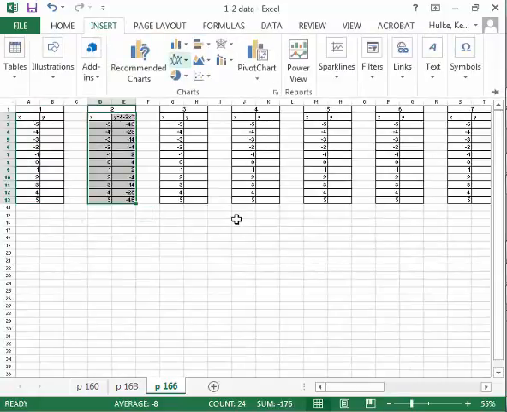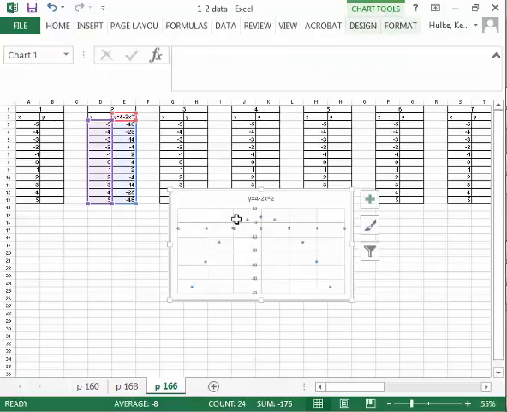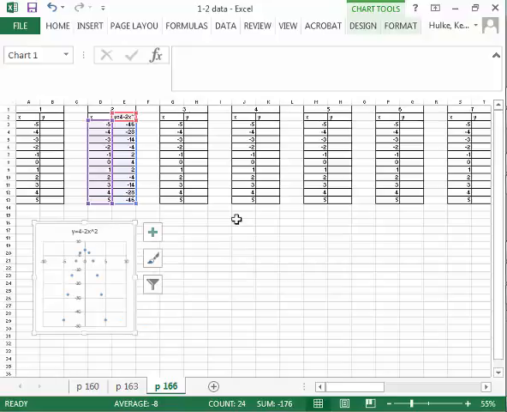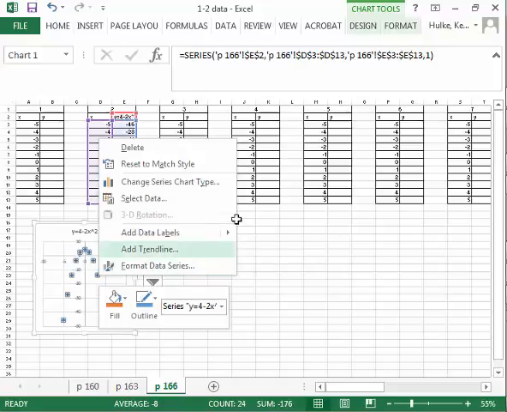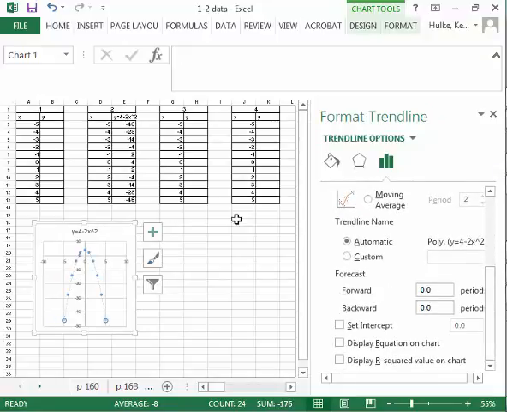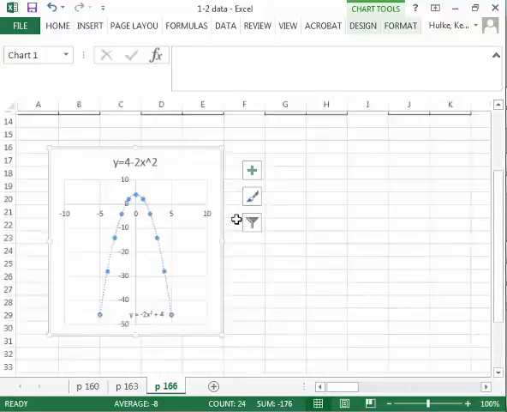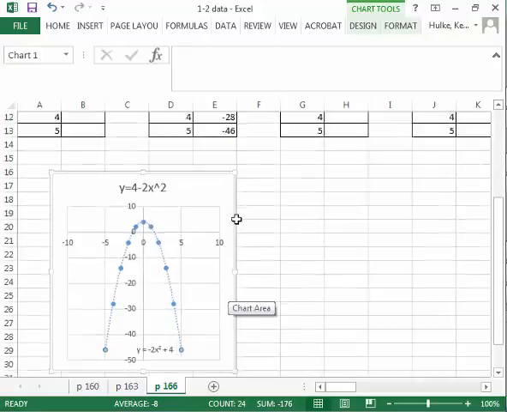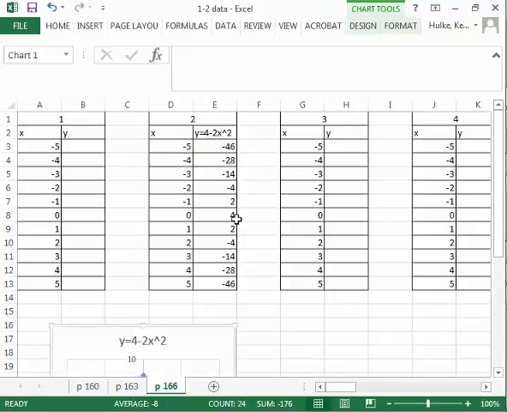Insert a scatter plot, and I'm going to add a trend line, and in fact it's a polynomial order 2 because it's second degree, and I'm going to display the equation on the graph. And if you notice, it is y equals negative 2x squared plus 4, which is a switch around of the way that they asked us to do it.